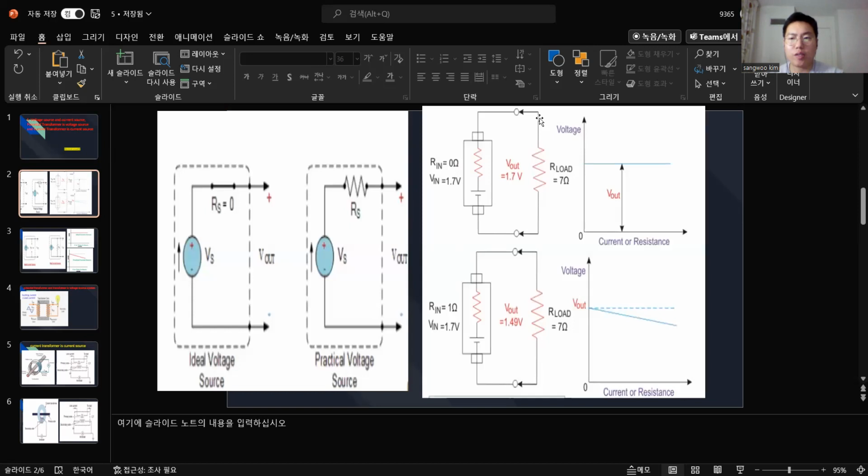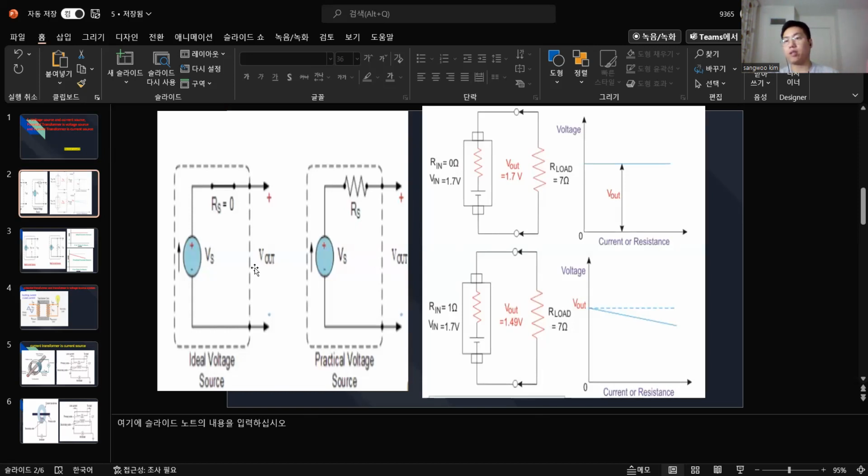So as you already know, I guess in the previous lecture I explained the voltage source system and the current source system. Let's review quickly, okay? The voltage source system is supplying a constant voltage.